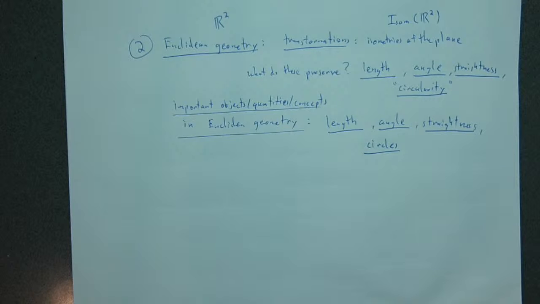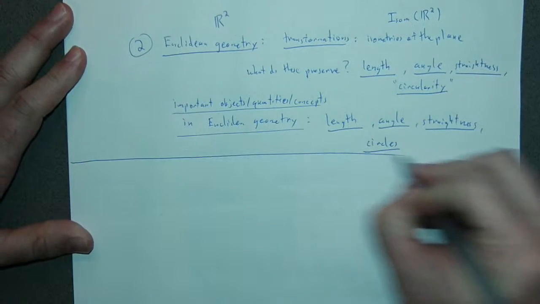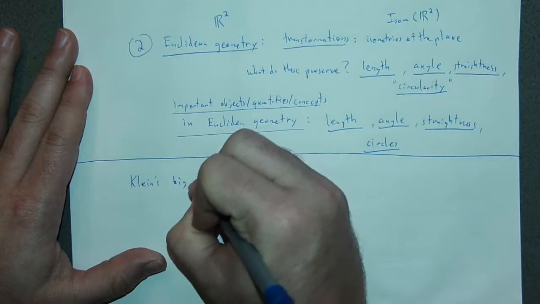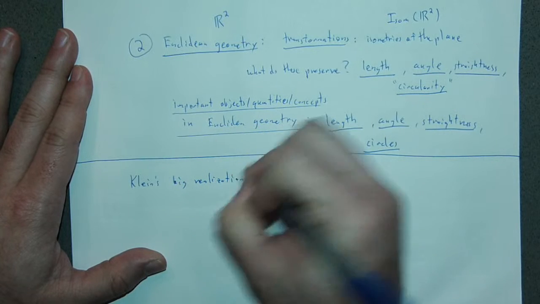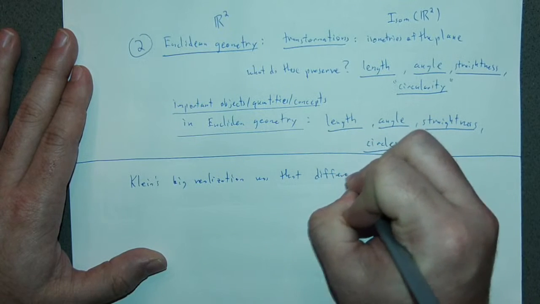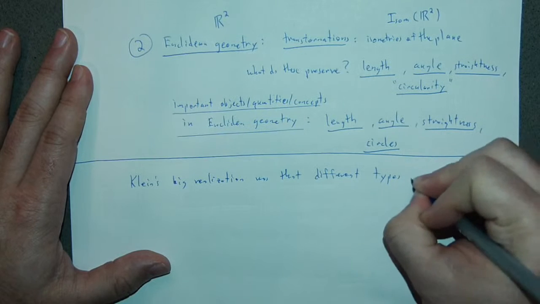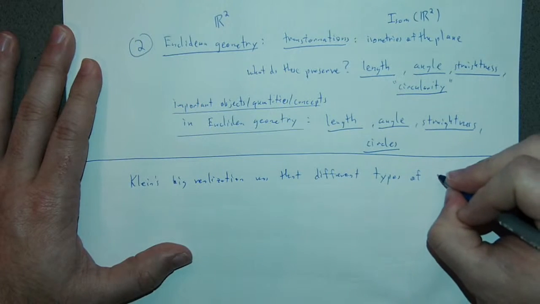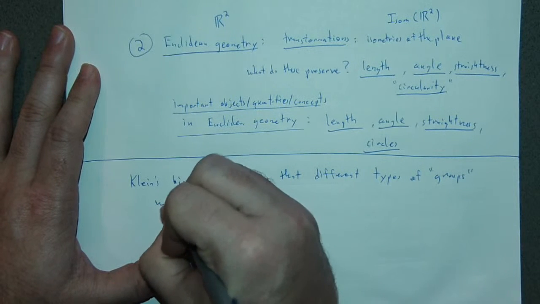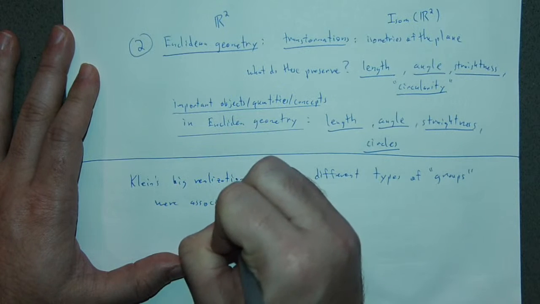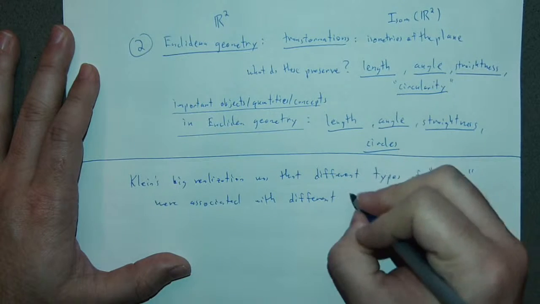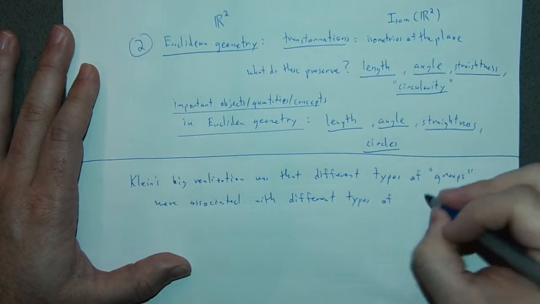Now, Klein's big realization was that different types of groups were associated with different types of geometries.